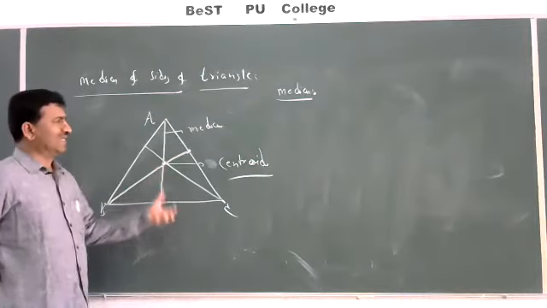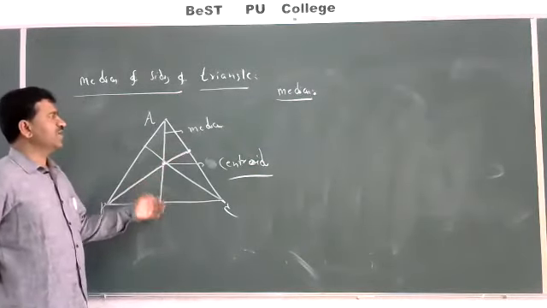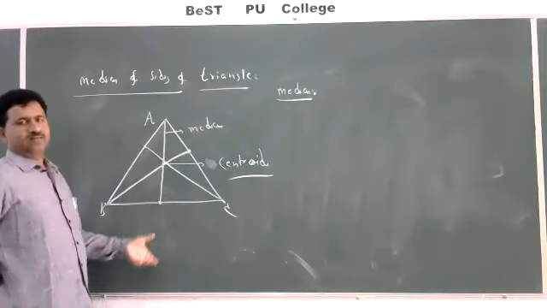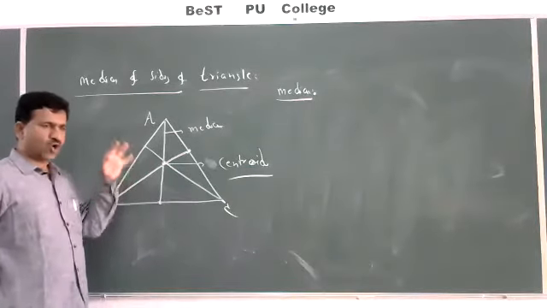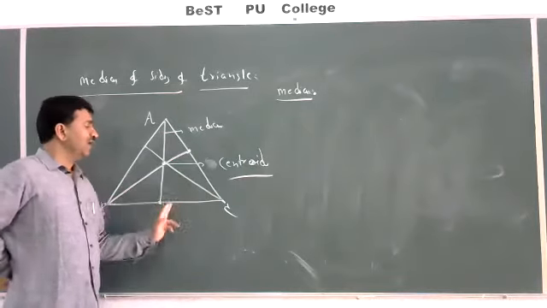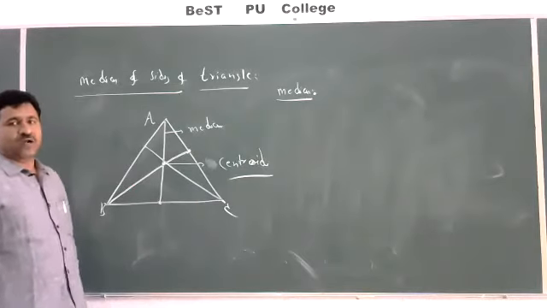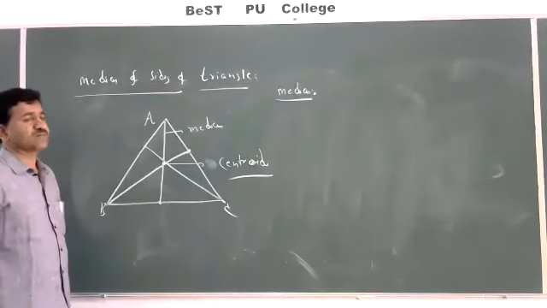So already in lower classes, you people know the meaning of median. Once again, I am repeating: in a triangle, the line segment joining the midpoint of one side to its opposite vertex. That is the median definition.